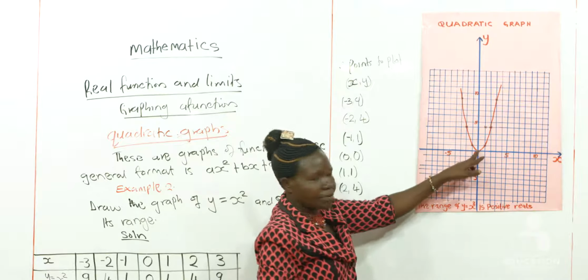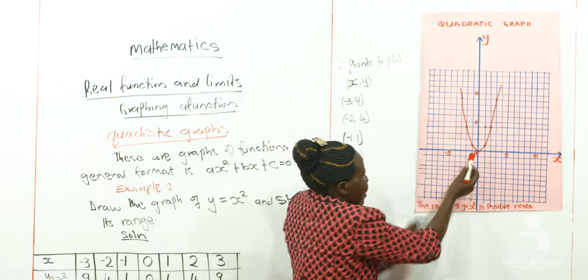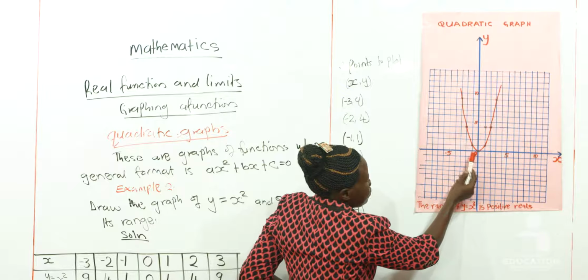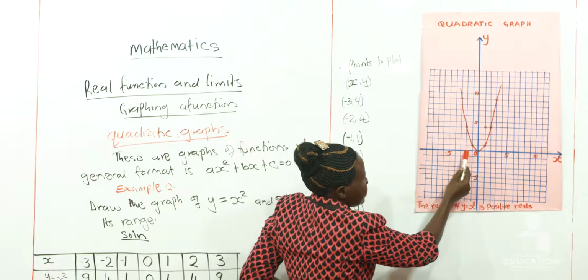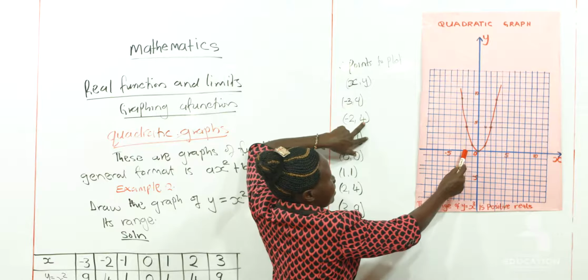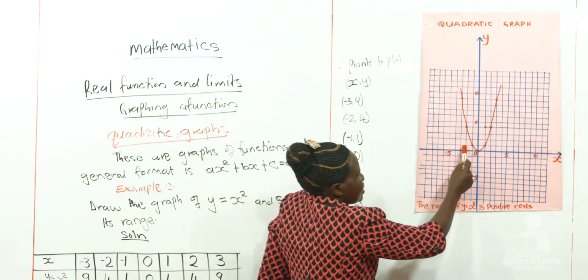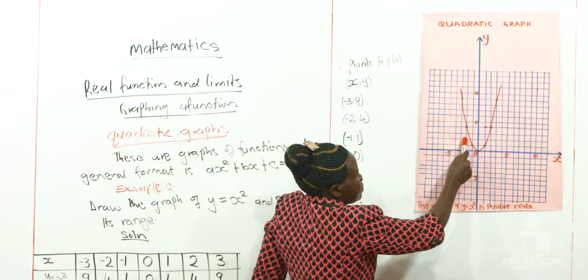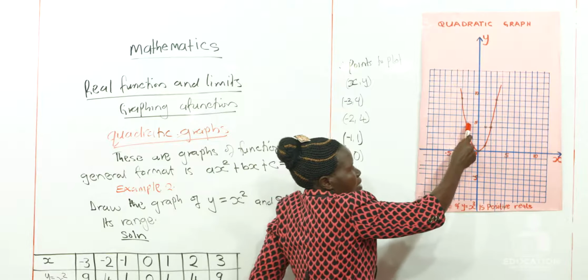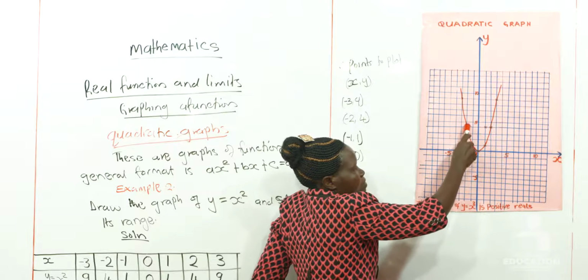And then you come to the second point, which is -2, +4. You still come to your 0 here, the center, and then move backward on the negative x. So we have -1, and then this is -2. And then move forward on the y-axis 4 steps. That is +1, +2, +3, +4. And then you mark here as your +4.